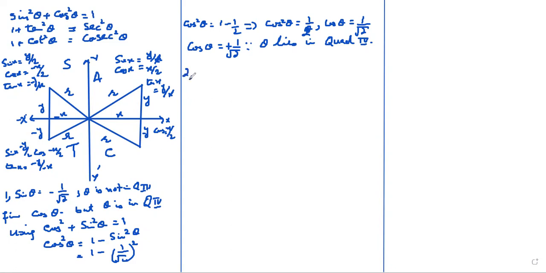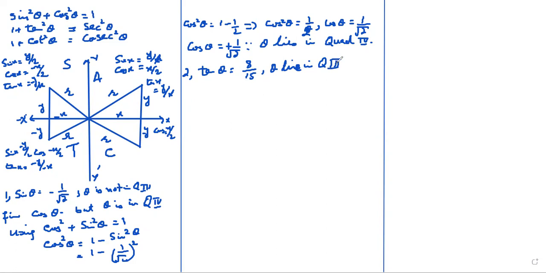Right, 2. Tangent theta equals 8 over 15. And the terminal ray is not in quadrant 1, and theta lies in quadrant 3, because it is not in the first quadrant.